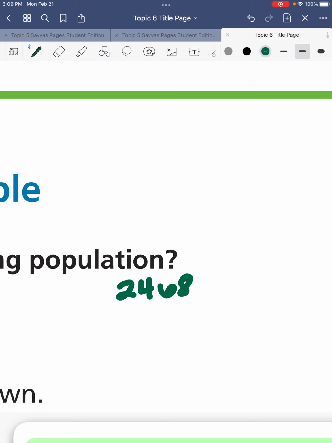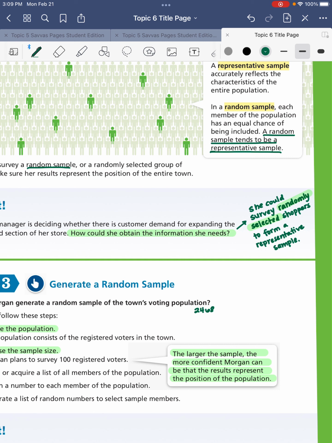So that would be too large of a sample, right? But surveying 100 people or 200 people would be reasonable, and as long as it's randomly selected, be a good enough size that she could feel confident that her results will accurately reflect the population's intentions. Okay? So the larger the sample, the more confident you can be in your results.